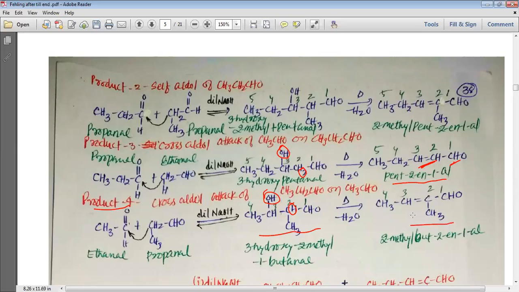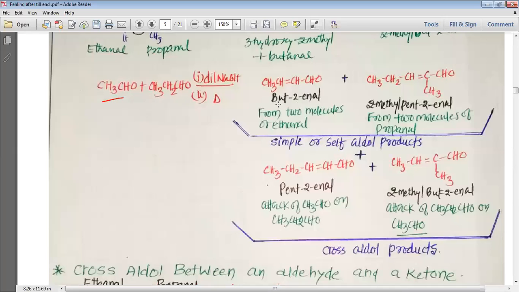So my dear students, overall we get these 4 products which you can see here, that by the reaction of ethanal and propanal, we get but-2-enal and 2-methyl pent-2-enal. These two are the products obtained by the self-aldol of ethanal and the self-aldol of propanal.